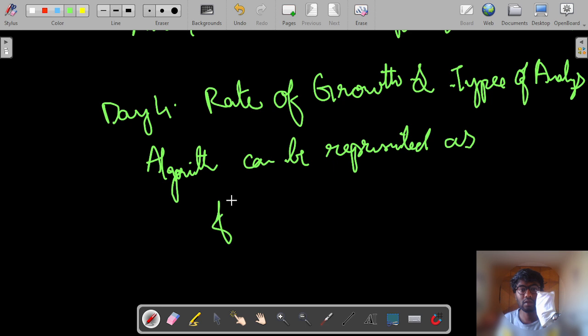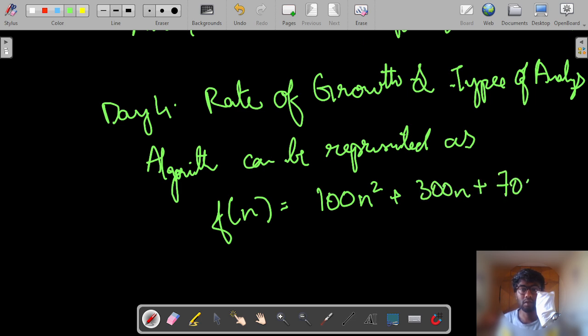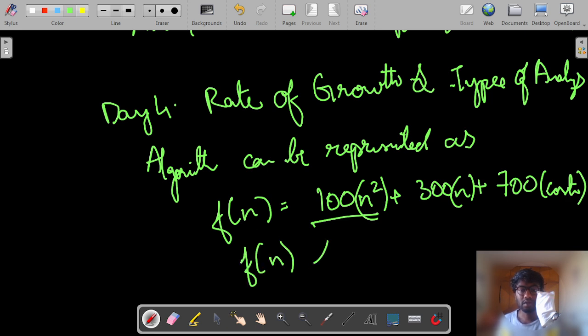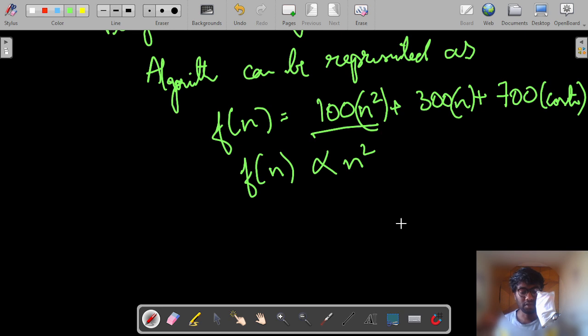Let's say f of n is equal to 100 n square plus 300 n plus 700. So this is n square, and this is n, and this is a constant, right? So we can say f of n is directly proportional to n square in the worst case complexity.